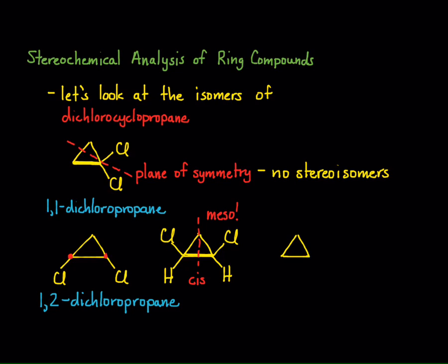Now, when we look at the trans stereoisomer, I've put the chlorine on the left on top, the chlorine on the right on the bottom, right? So they are trans to one another. And if I calculate the absolute configuration of each stereogenic carbon, I see that the carbon on the left has an S rotation.